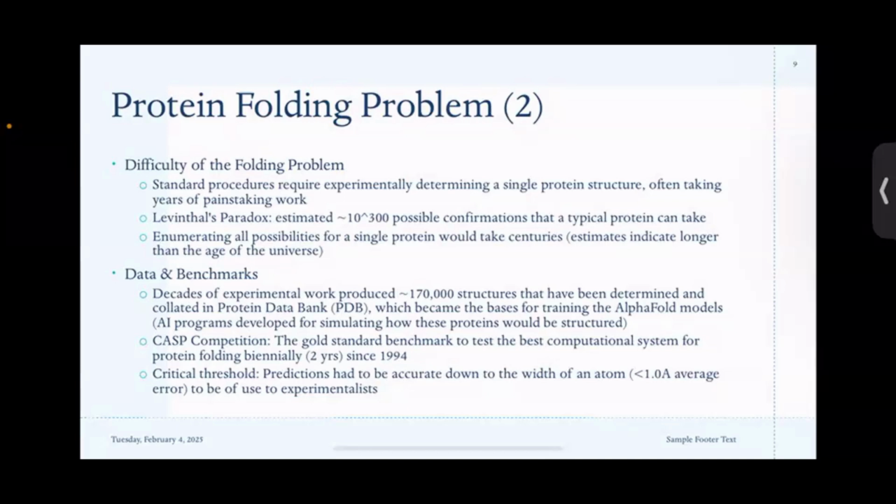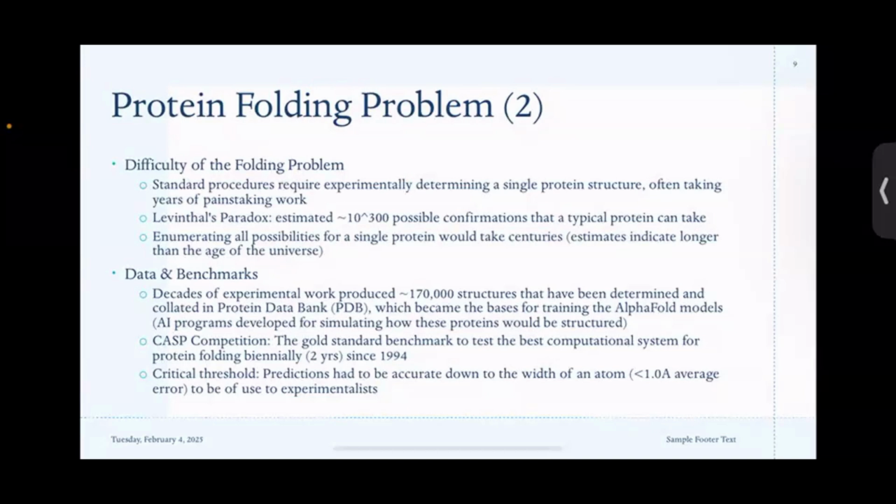Estimates indicate longer than the age of the current universe, which is the perfect problem for AI to come to the table and quicken this procedure.